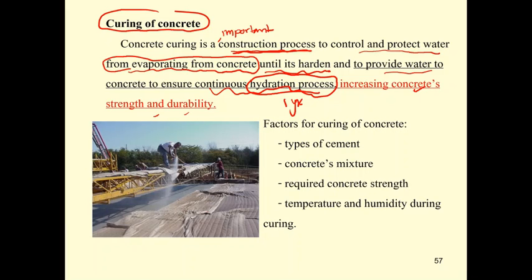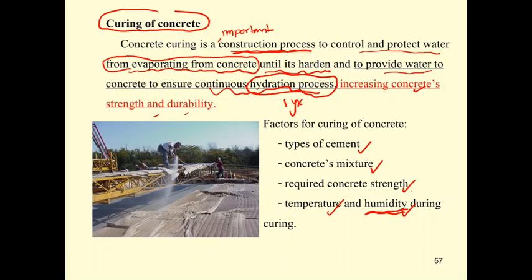So we have to consider factors for curing the concrete: the type of cement we use, the concrete mixture, the required concrete strength, and temperature. If it's too hot, the water will evaporate from the concrete easily. Also, if there is less humidity during curing, you have to add more water to increase the humidity.